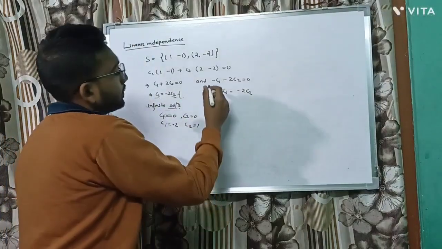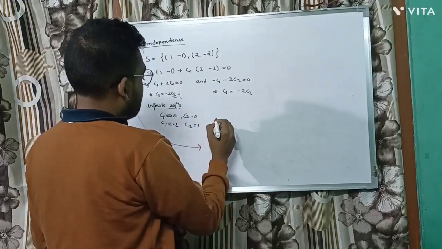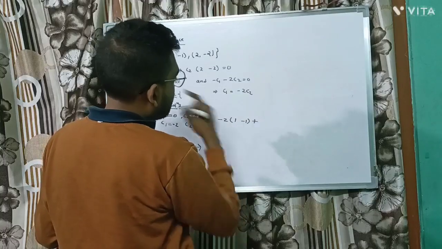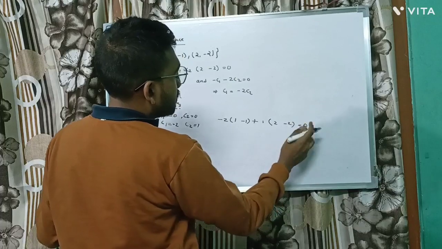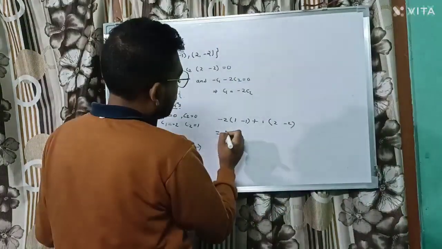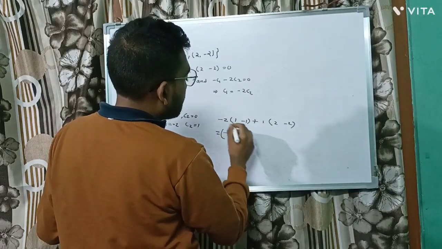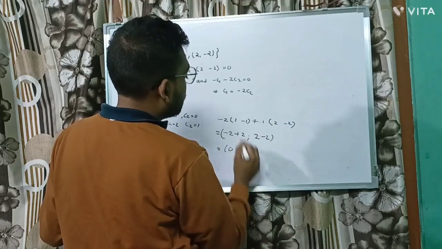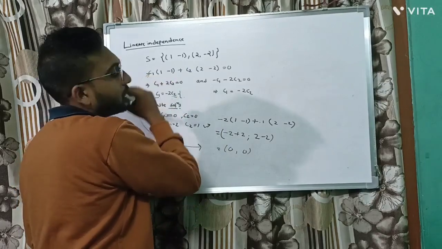So let me put this in the equation. C1 is minus 2, so minus 2 into 1, minus 1 plus 1 into 2, minus 2 is equal to 0. Let me check if it is 0 or not. So minus 2 plus 2, 2 minus 2. So I am getting 0, 0. So they satisfy this linear equation.